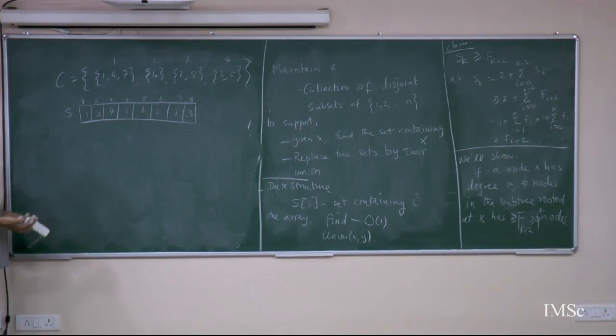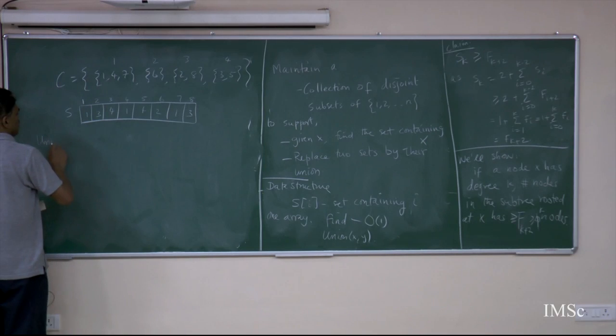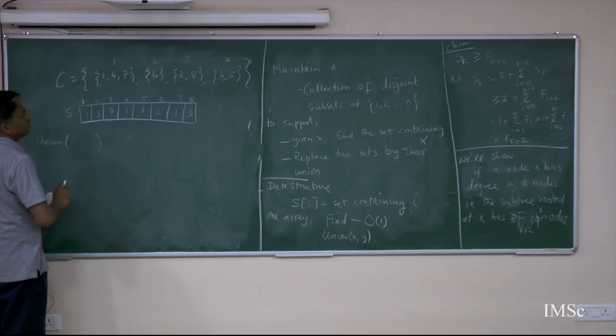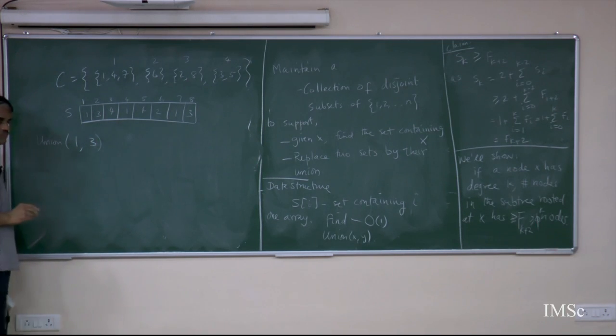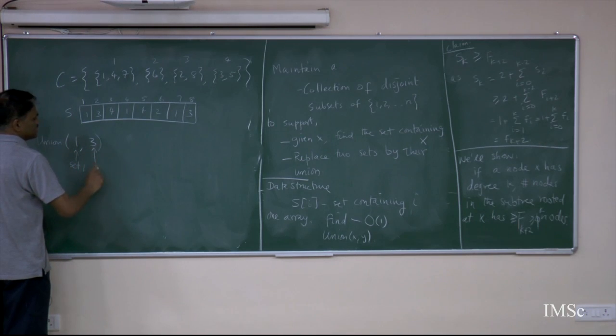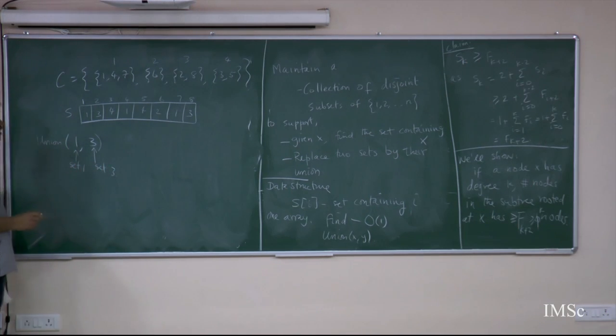Now when I want to do a union, let's say I want to do a union of sets 1 and 3. This is set 1, not element 1, and set 3.